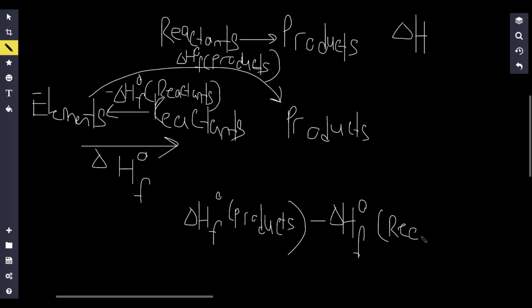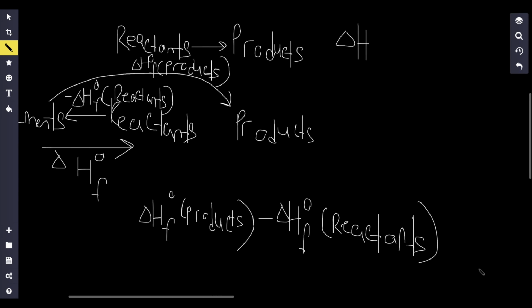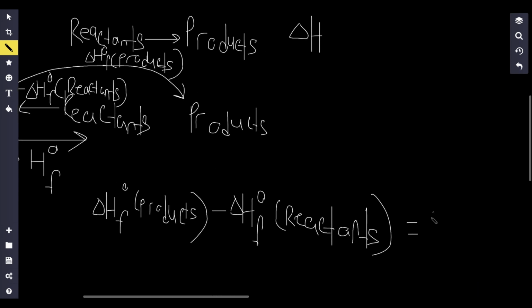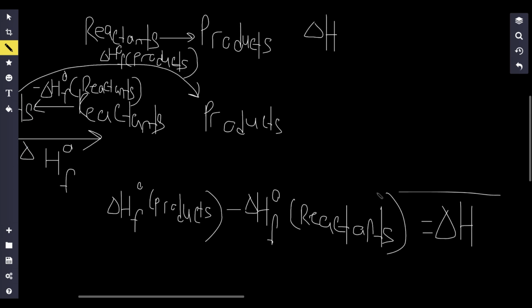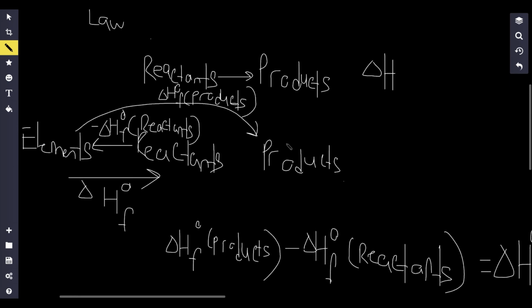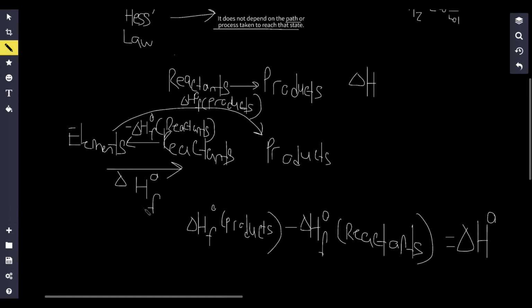And we know that all of this has to be equal to our change in enthalpy at the end of the day. The reason, once again, is that the path taken does not matter. So even though we took a different path, it's going to be the same change in enthalpy.